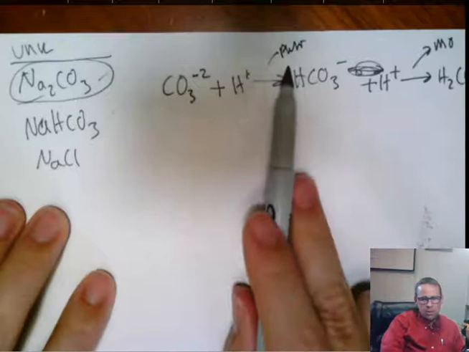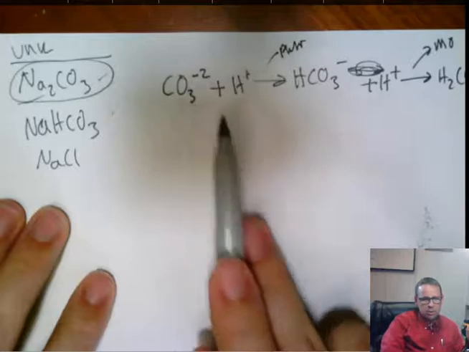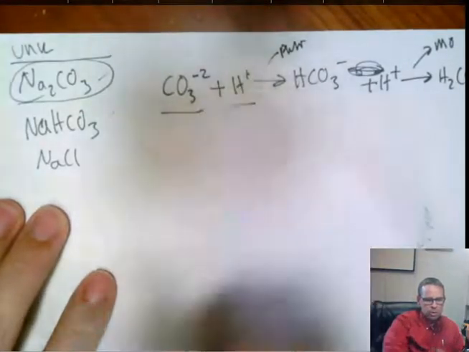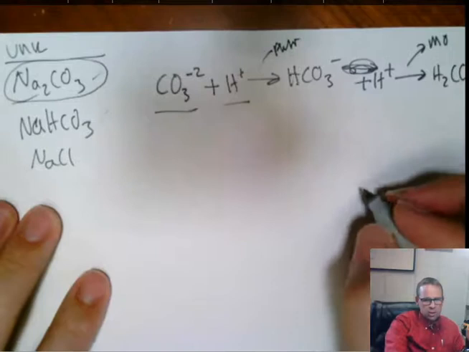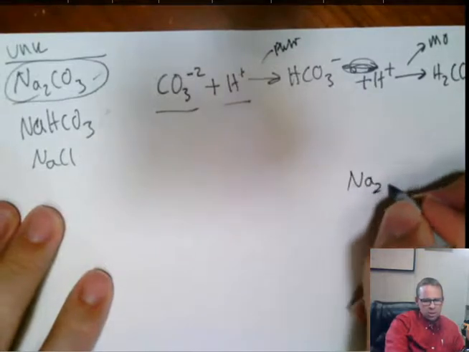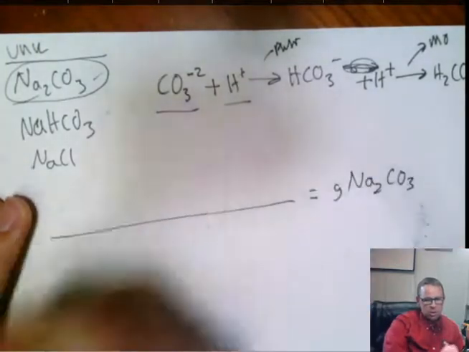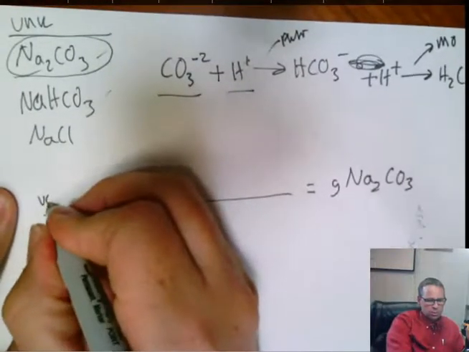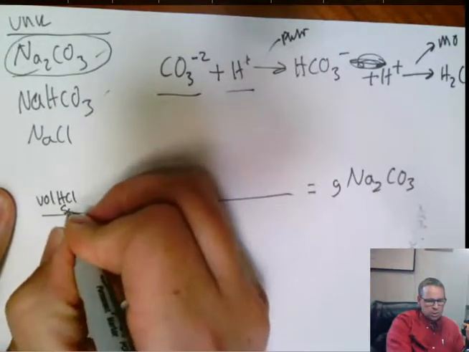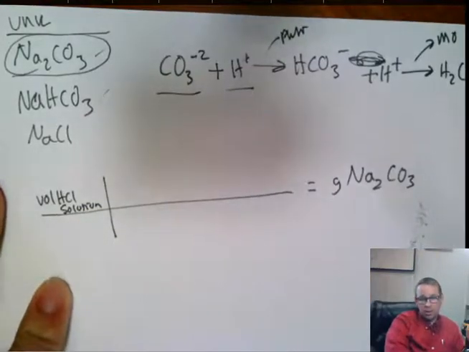When the phenolphthalein turns its color, that tells us that the carbonate has been consumed and shows us that the molar ratio between the HCl and the carbonate was equal. Okay? So we could perform a calculation to determine how many grams of Na2CO3 there were in our sample by finding the volume of the HCl solution necessary to change color with the phenolphthalein.